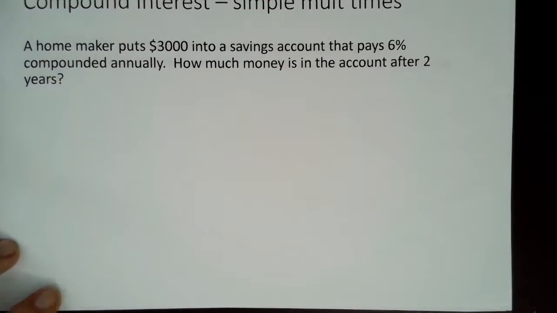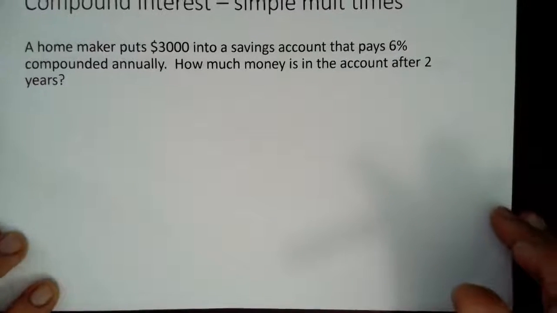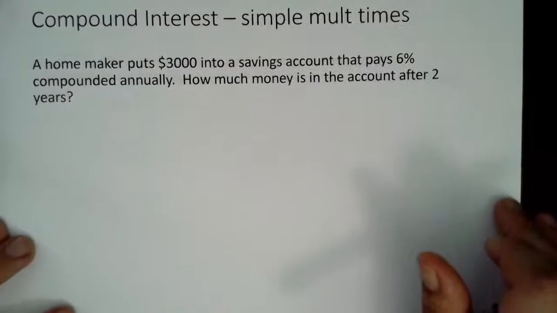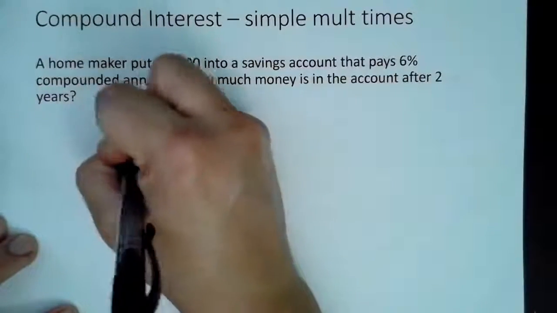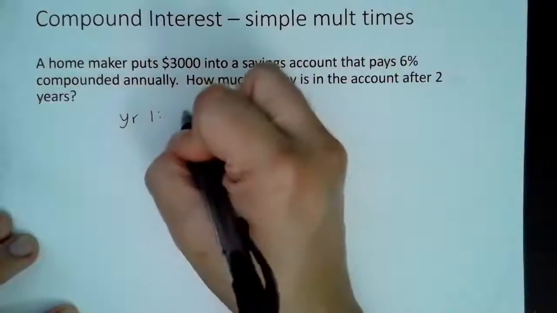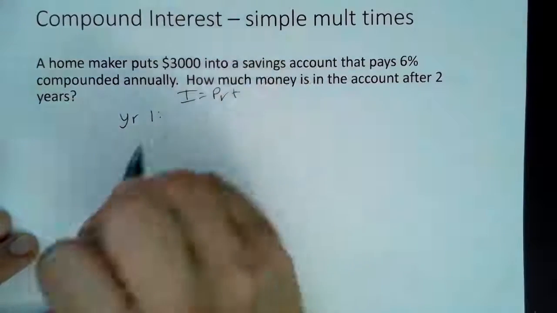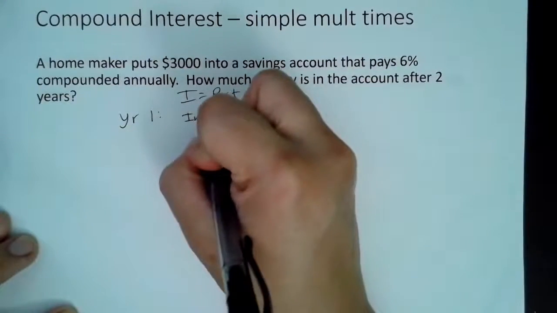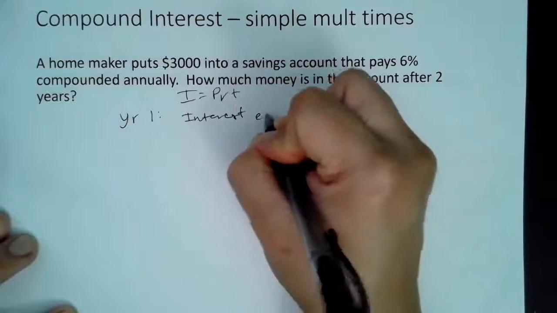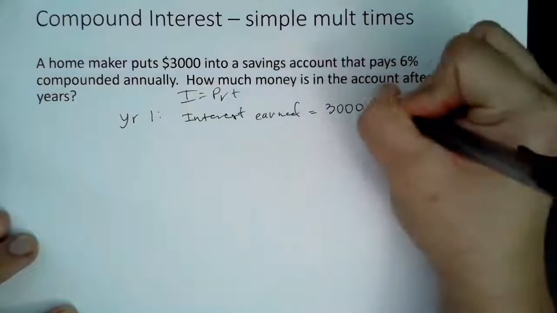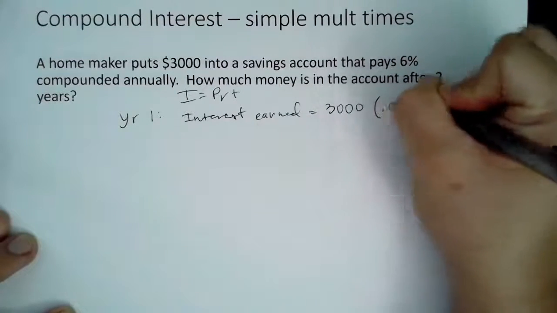We're going to think of it as simple interest multiple times. So year 1, let's do I equals PRT. The interest earned is going to be $3,000 times the rate, which is 0.06.